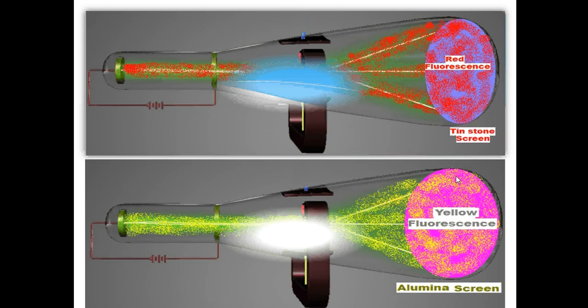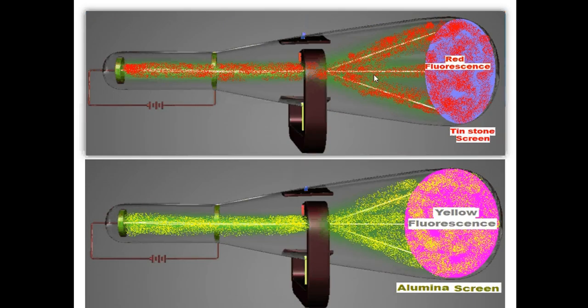Look at this light. In this light, red fluorescence can be seen. This is due to tin stone screen. Here yellow sparks can be seen. This is due to alumina screen.